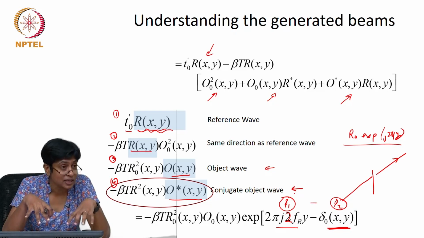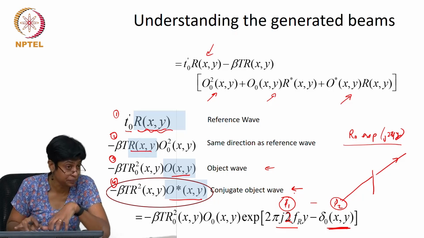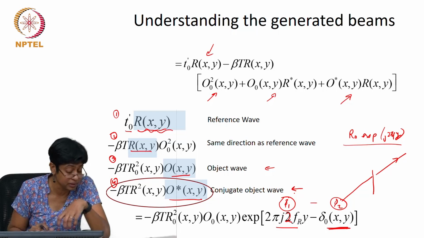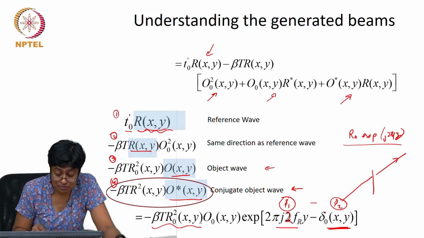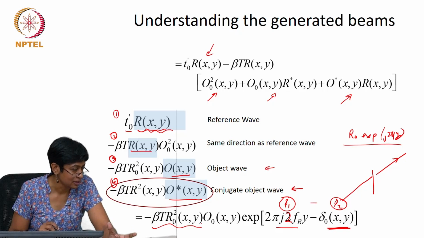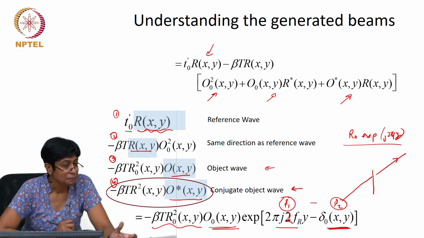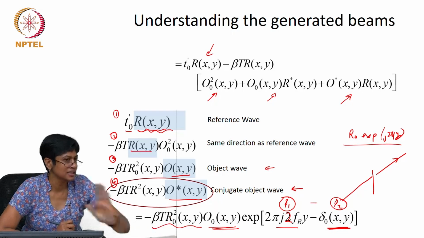What this expression is telling us is that yes, I can do that, I generate a beam that has the object information in it. There is some scaling factor that is multiplied, so the object beam amplitudes are this, but I multiplied throughout by some scaling factor.